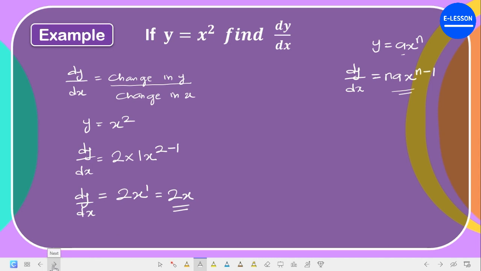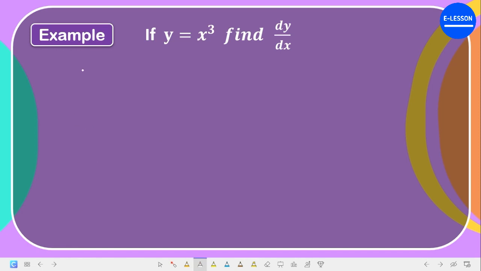Now let's take another example. How about you have y is equal to x raised to the power of 3. Following the same precept, dy/dx is equal to, what do we do? We know that the coefficient of x here is an invisible 1, so we use 3 to multiply the coefficient and then subtract 1 from the power.